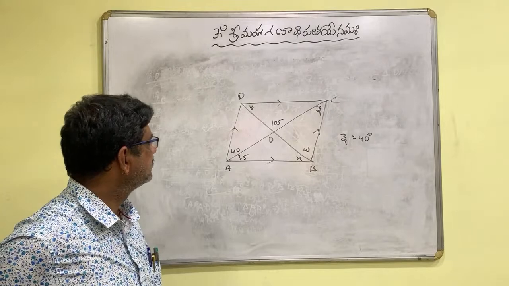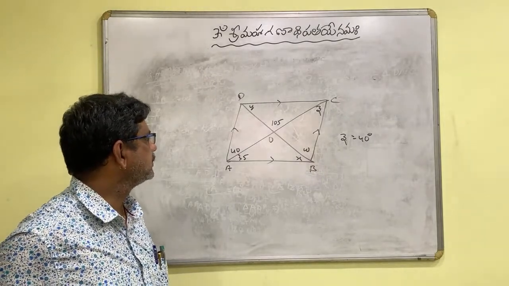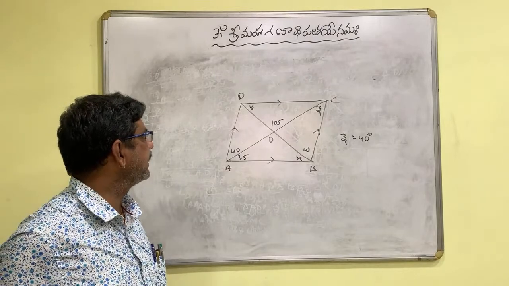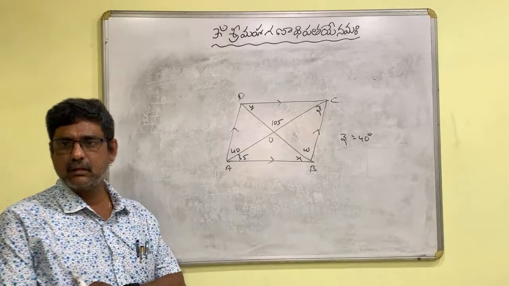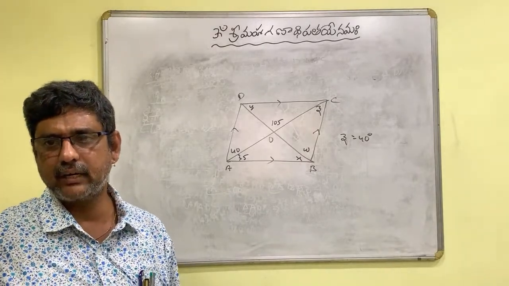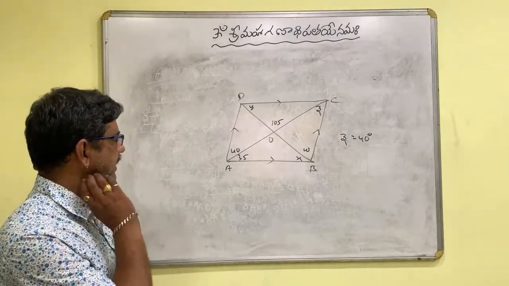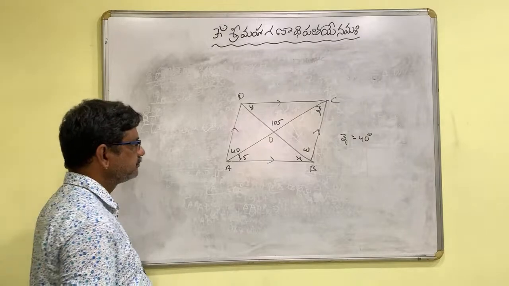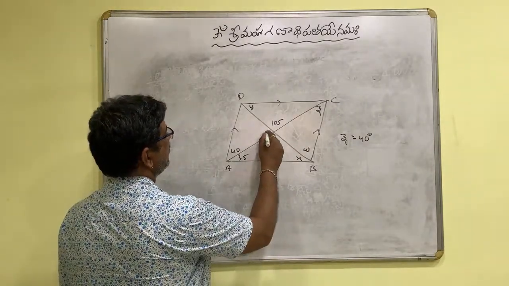X is 40. How? Z is 40, how does X become 40? Yeah.